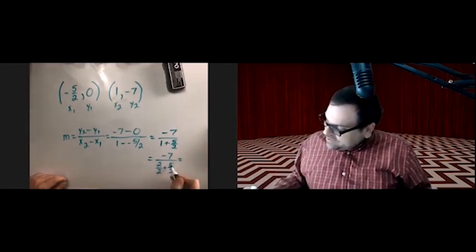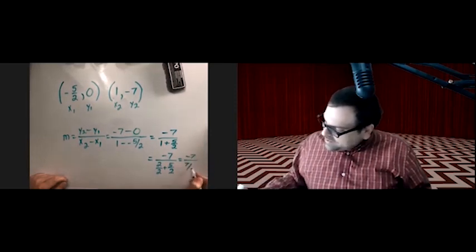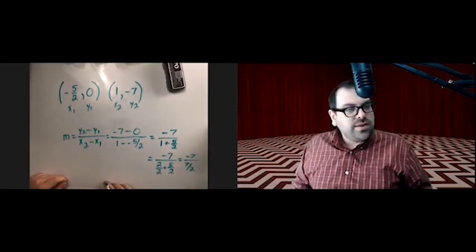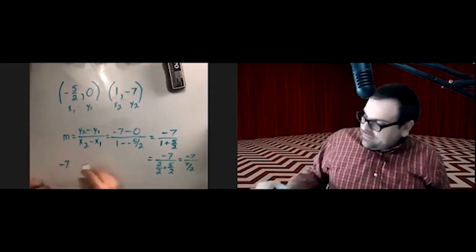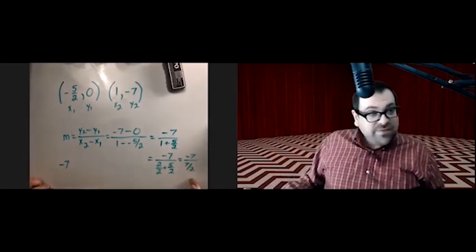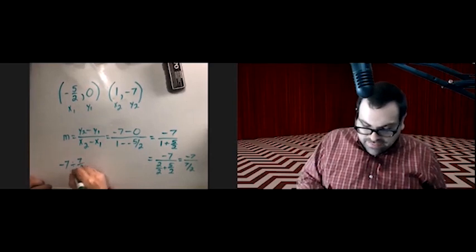Two plus 5 is 7. So this is -7 on the top and 7/2 on the bottom. -7 over 7 halves means -7 divided by 7 halves.